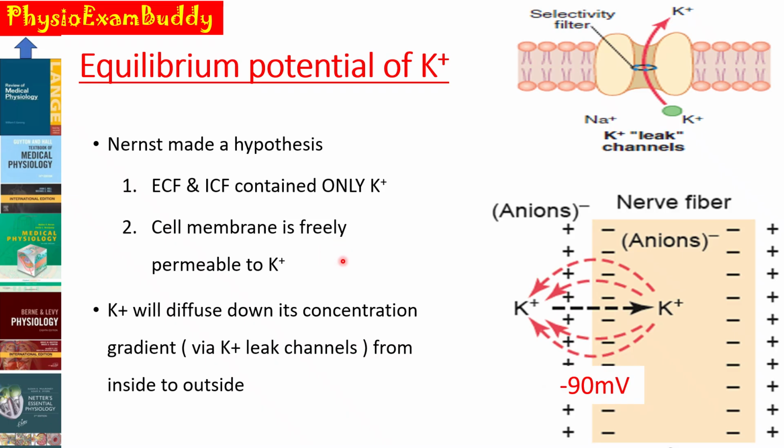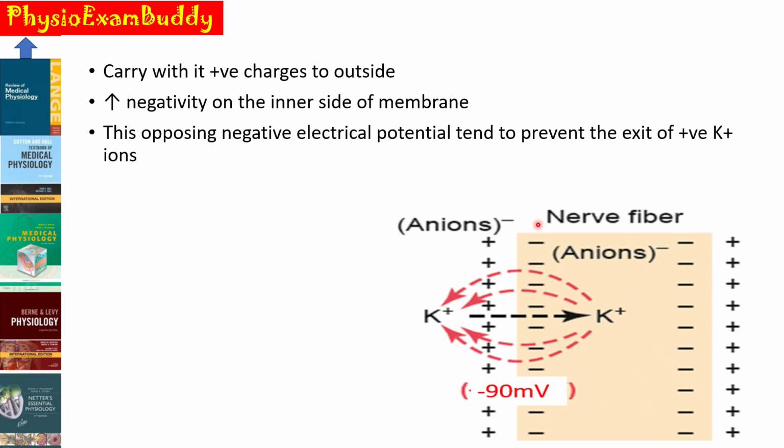Now, you all know that potassium is more present inside the cell. So potassium will diffuse down its concentration gradient through potassium leak channels from the inside of the cell to the outside of the cell. Along with the potassium, it will carry the positive charges to the outside. So there will be an increase in the negativity on the inner side of the membrane.